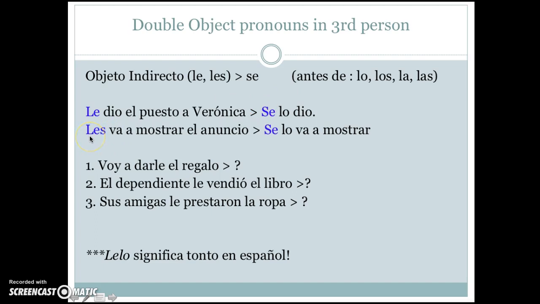In the second example, les va a mostrar el anuncio. He or she is going to show the job announcement to them. We want to say he's going to show it to them. Well, it, in this case, el anuncio, is lo. Showing it to who? To them would be les, but we can't say leslo, so we change the indirect object pronoun to se. You can try these examples on your own.